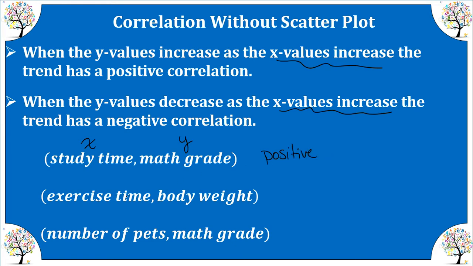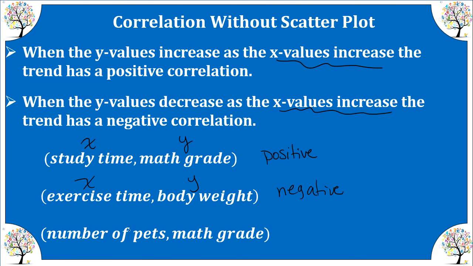What about exercise? The more time you exercise, your body weight should go down. So this is a negative correlation. The input, your time of exercising, causes your body weight to decrease. Let's look at our last one. How about the number of pets?